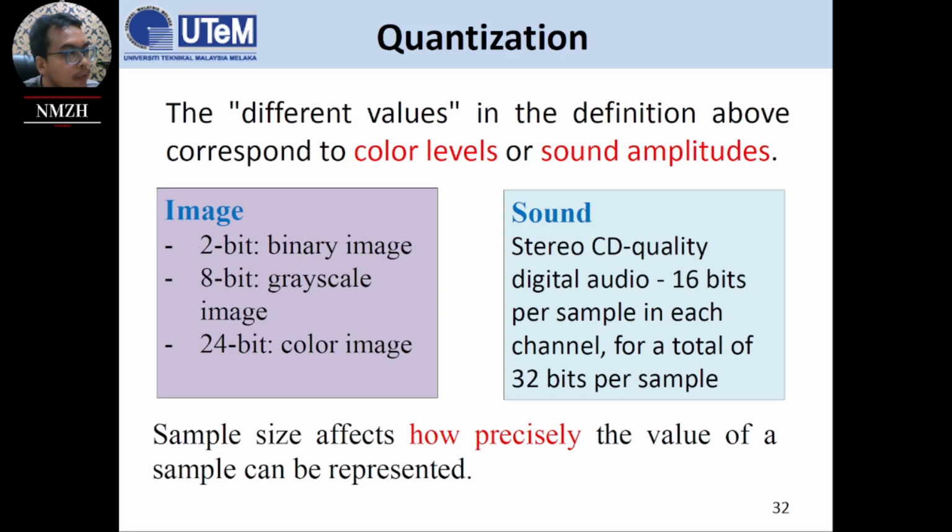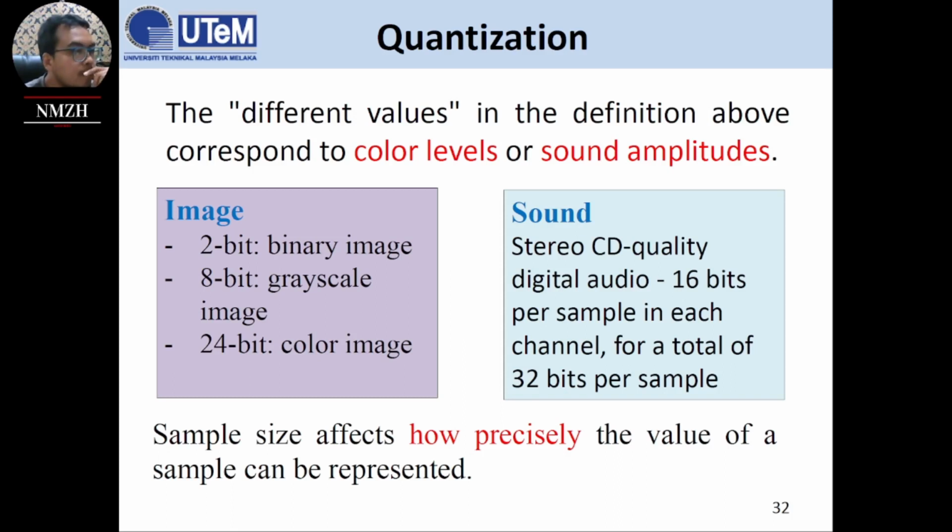At the left hand side, we have image. 1-bit binary is 0 and 1, so white and black. 8-bit means 2 power 8, 256, so we have 256 color intensities on our hands. While 2 power 24, obviously we have more.